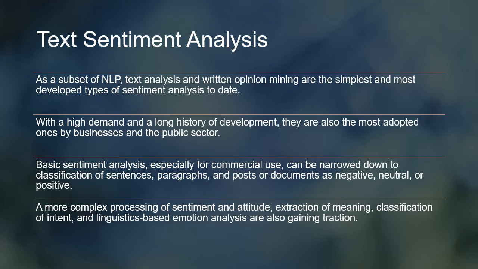A more complex processing of sentiment and attitude, extraction of meaning, classification of intent, and linguistic-based emotional analysis are also gaining traction. In addition to that, automated sentiment analysis is usually achieved through supervised deep machine learning and a lexicon-based unsupervised process, or a combination of both.